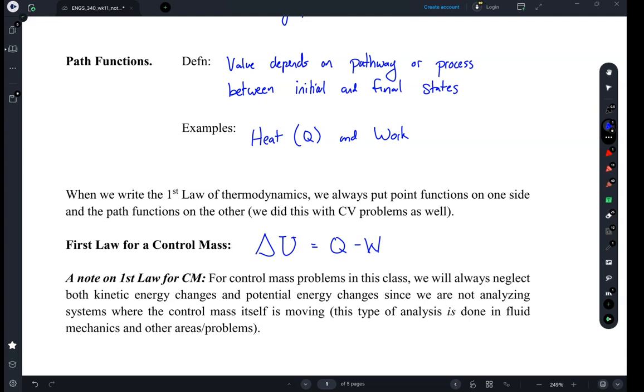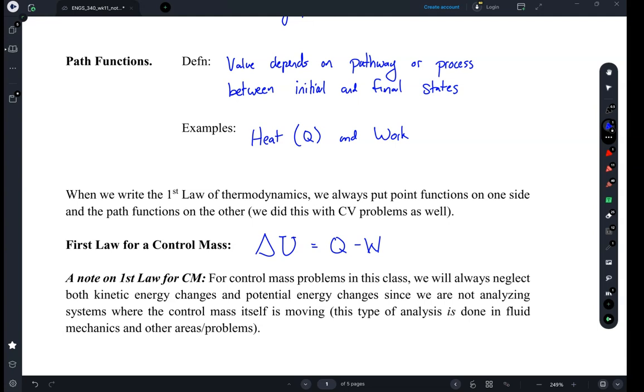Typically, we would have kinetic energy, potential energy. We're just going to neglect those right off the bat, because very often we're not analyzing systems where our control mass is moving from one place to another. So we're going to be looking at things like pistons and cylinders, and we're not going to be throwing them across the room, so they're not going to have changes in kinetic energy and potential energy.